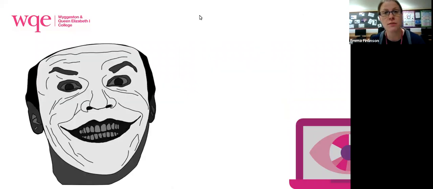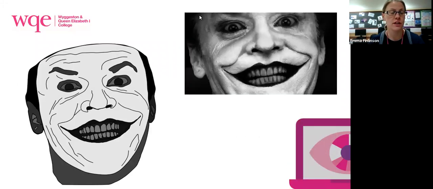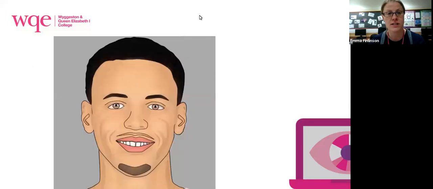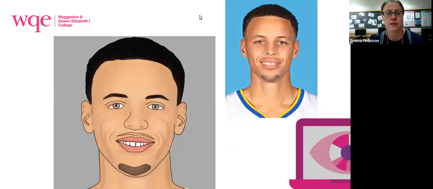Okay, so just some examples of student work that was created by students last year in the graphic design unit. As you can see here, we've got the graphical image and the picture it was taken from. It's the Joker from the original Joker film. It's a nice quality graphic design that a student made. Here is Steph Curry, who is an NBA All-Star.